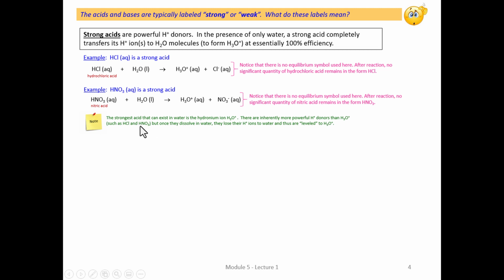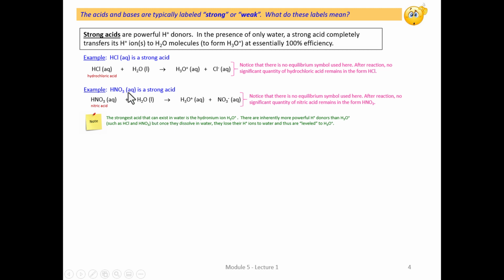Now, strangely enough, the strongest acid that can exist in water is the hydronium ion. There are inherently more powerful H+ donors than hydronium ions, such as HCl and HNO3. Hydrochloric acid and nitric acid are both stronger acids than the pure hydronium ion.